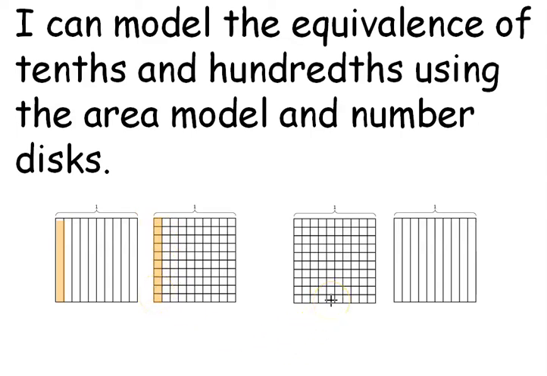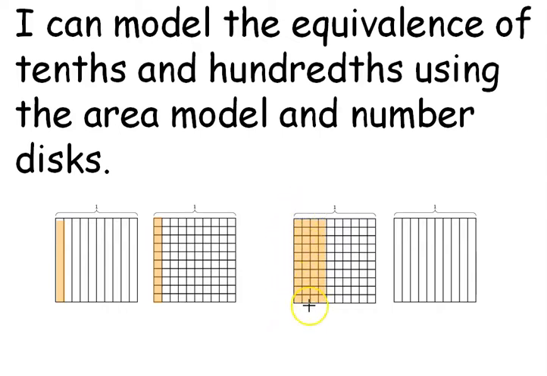Now I'm going to basically go the opposite way. And over here, I'm going to shade in 40 hundredths. Each column has 10 small parts. Each column has 10 hundredths.